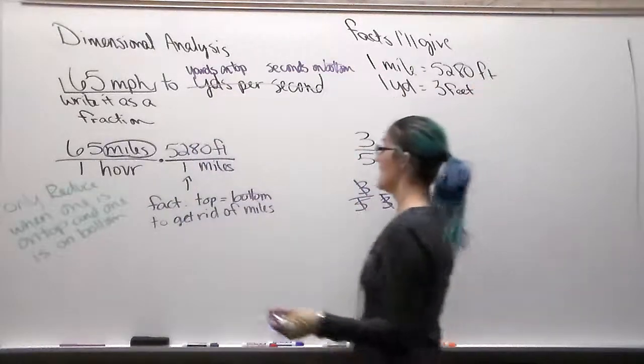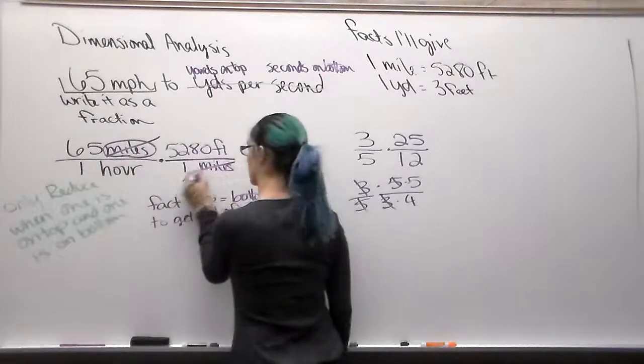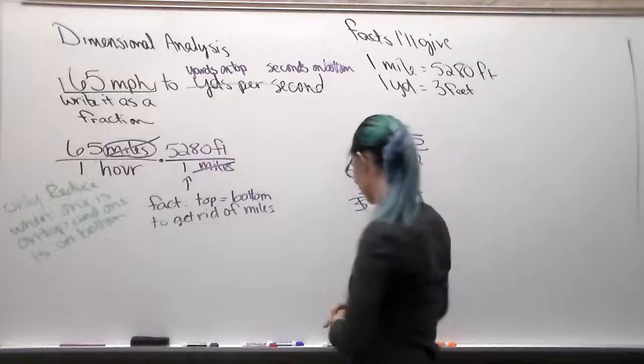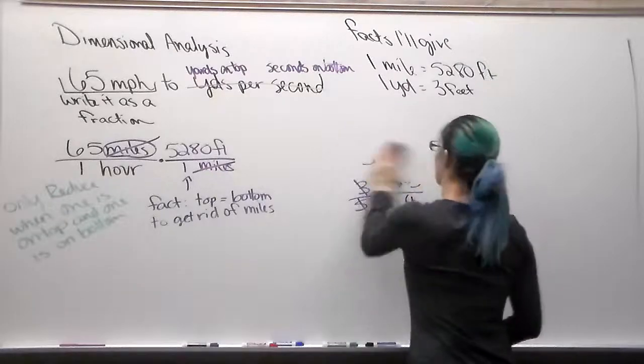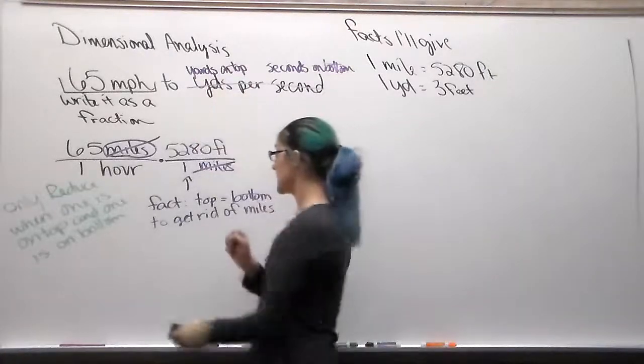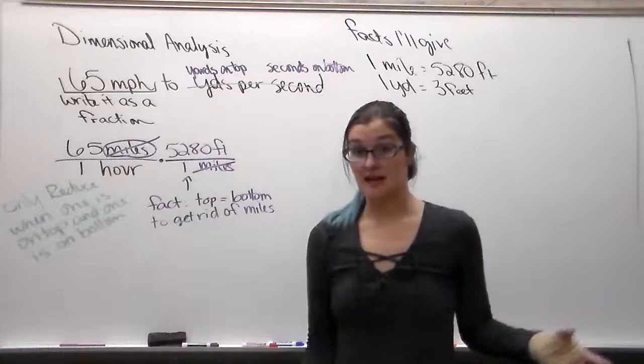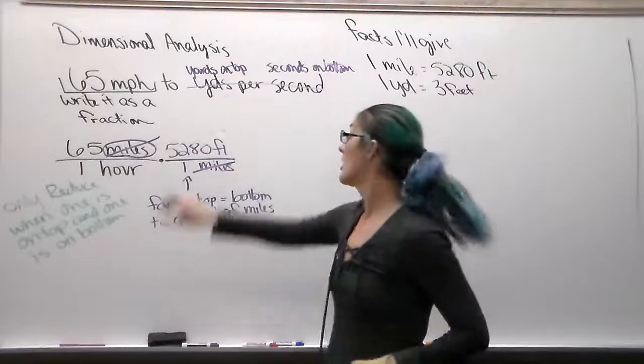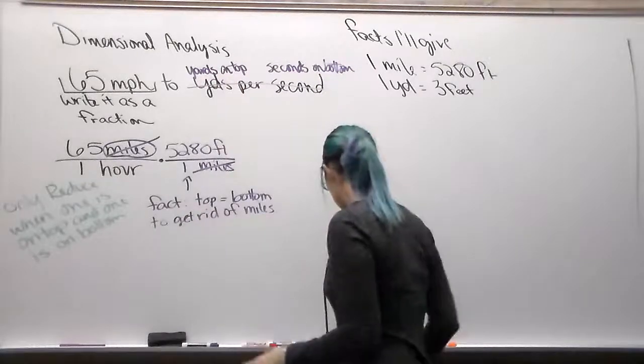Right? Your miles will reduce away. But our answer didn't want feet, because that's the distance we have left is feet, right? Our answer didn't want feet. Our answer wanted yards. So we're going to keep going.